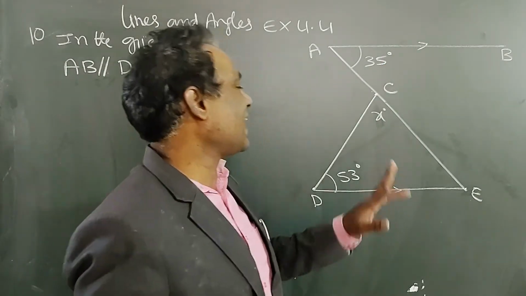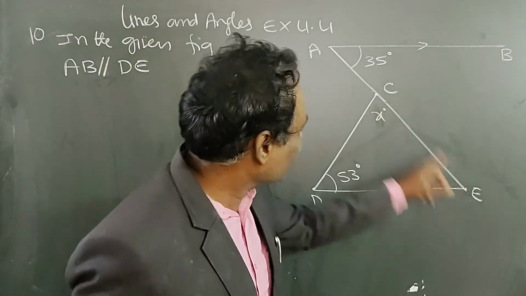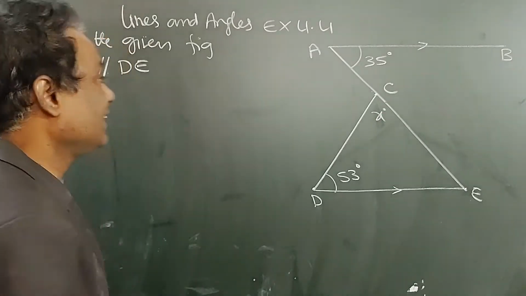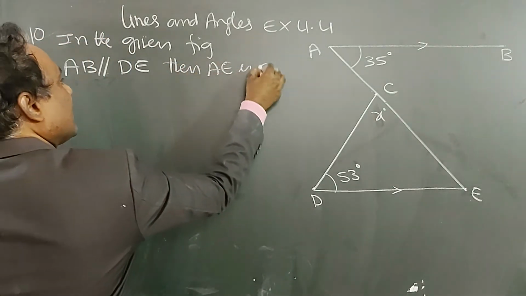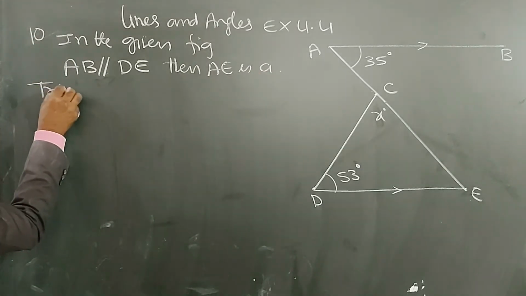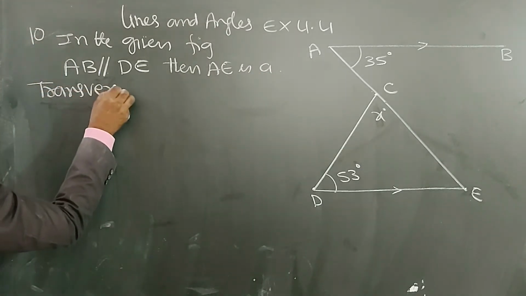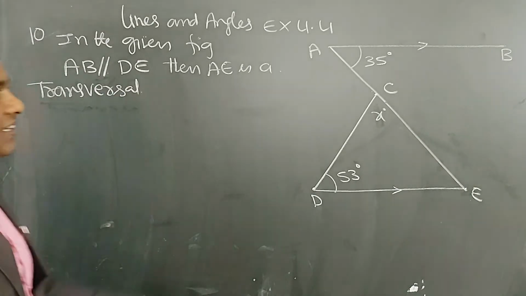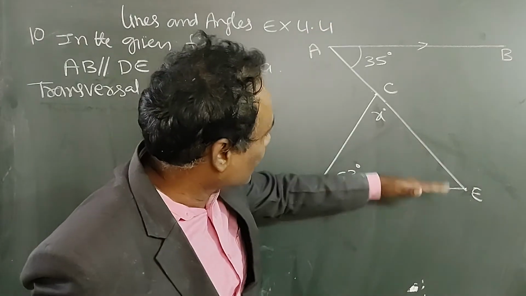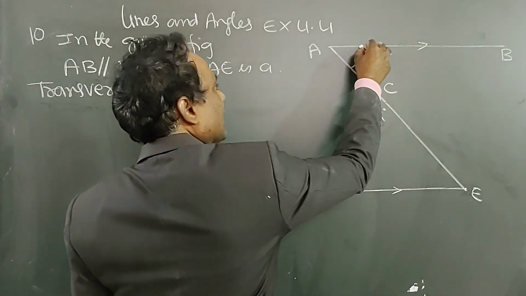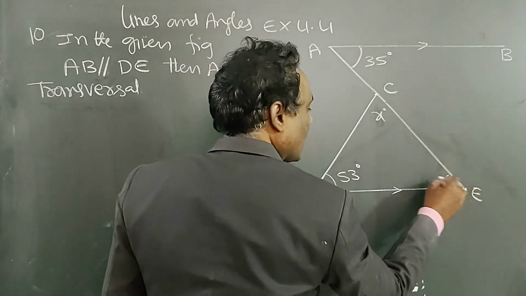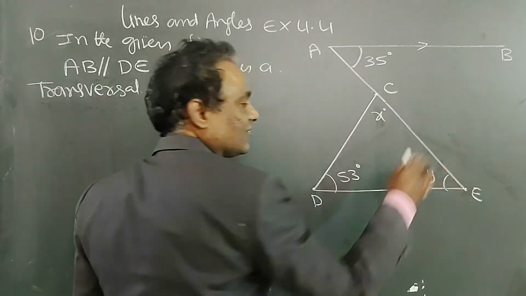If these two are parallel, AE is the transversal. These two are parallel, this is a transversal. Then this angle and this angle are alternate angles.